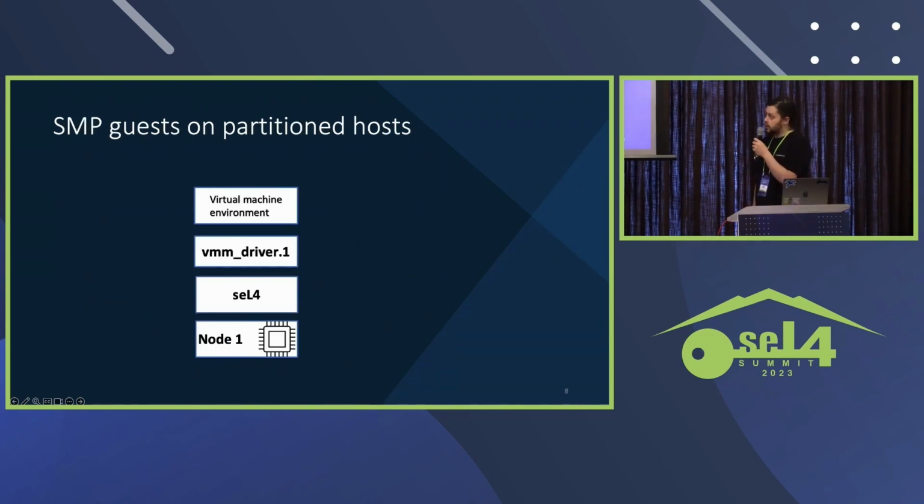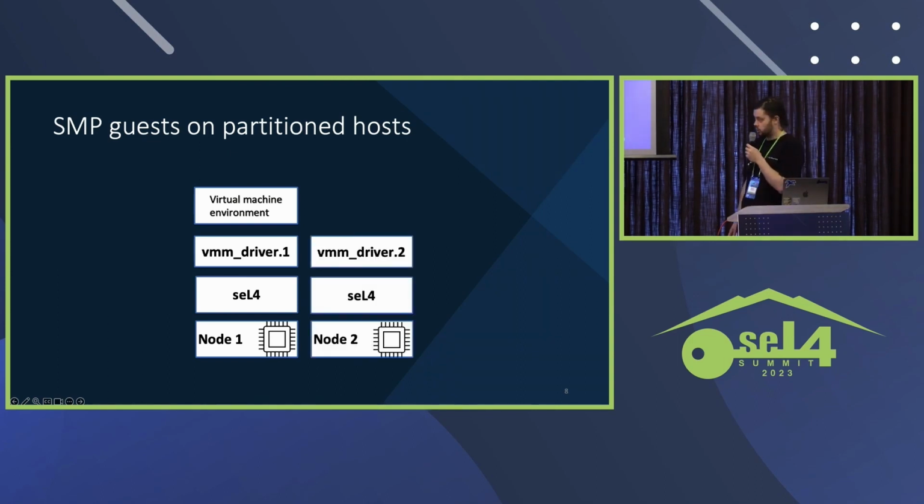So what does it look like potentially doing SMP guests on partitioned hosts? Here is a single core system where you have a single node, a single kernel running that node, running a single application, which is a VMM driver, and that driver is hosting a virtual machine environment that's running a single core VM. Now, if we want to have a second core in that VM, we obviously need to add a second physical core, because no one's going to run a multi-core VM on a single core system.